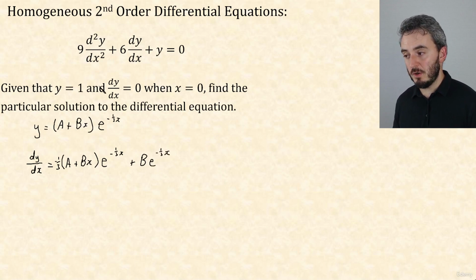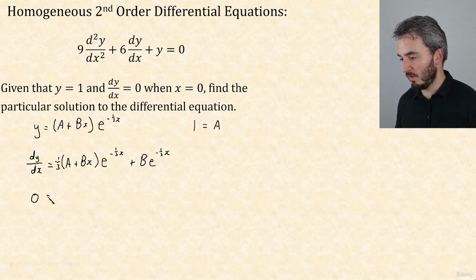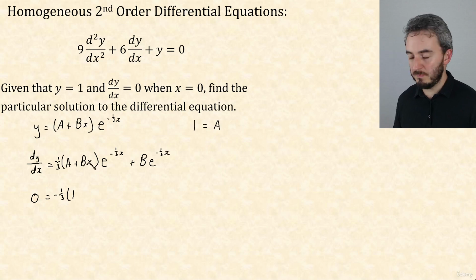We've been told that y is 1 when x is 0, so let's sub that into this one. That gives us 1 equals, now when x equals 0, we have a plus b times 0, so that's just a, times e to the power of 0, which is 1, so a is 1. Now we can go to this one and find b, because we know that dy by dx is 0 when x is 0. So 0 equals minus a third, a is 1, and b times 0 is 0, and e to the power of 0 is 1.